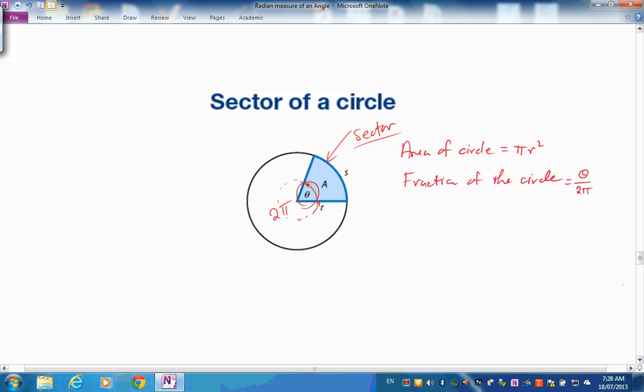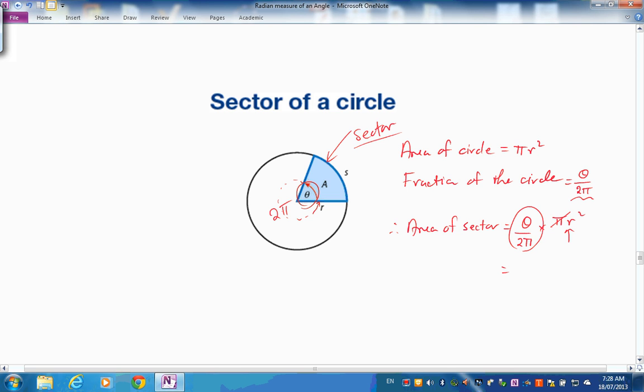So if we change our angle theta to radians, this is the fraction of the circle we've got. Therefore, the area of the sector represented with the angle theta is going to be that fraction, theta over 2 pi, of pi r squared. We've got this fraction of the total area.